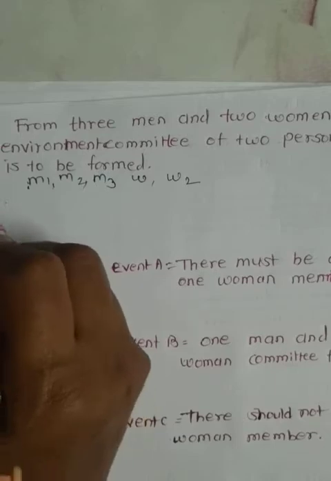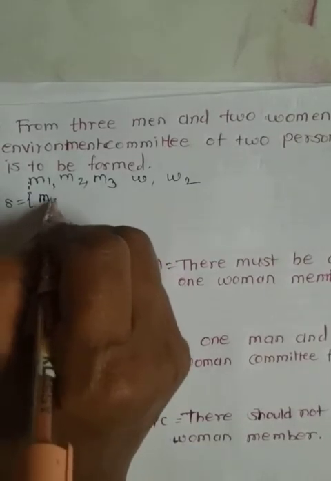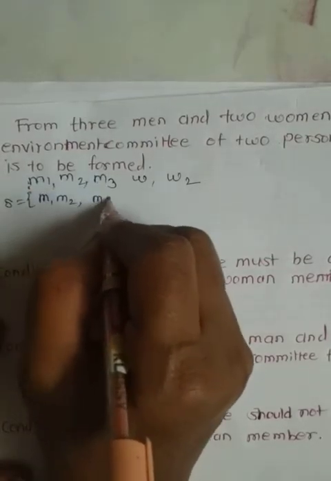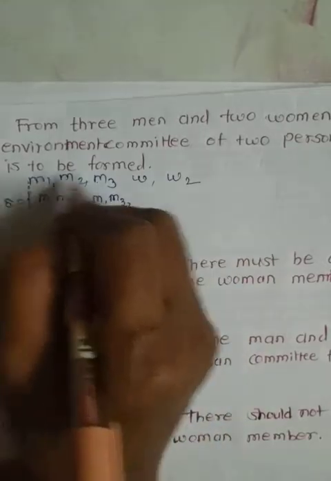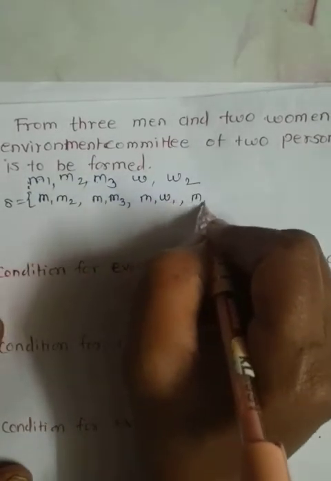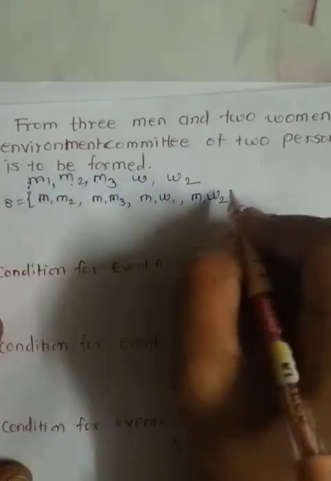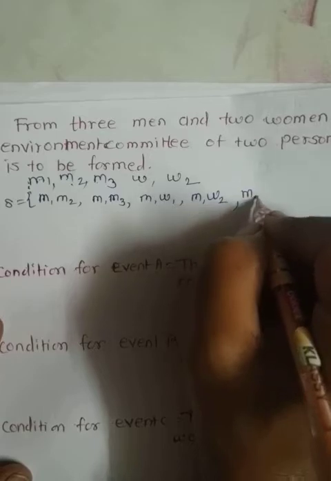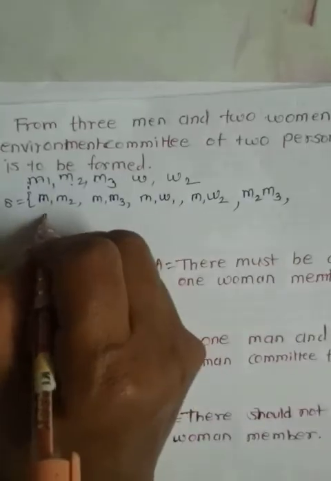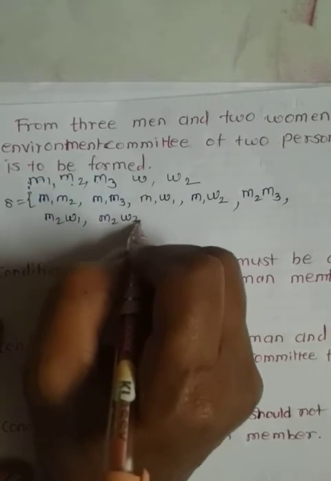S is equal to, first suppose M1 M2, both men are there, then M1 M3, then M1 W1, next one M1 W2. Next, start from M2, we obtain M2 M3, next one M2 W1, M2 W2.